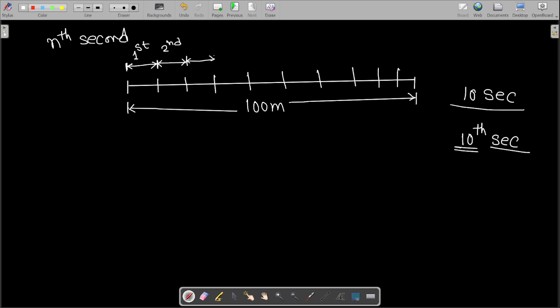This is called third second. Similarly, this is called fourth second. I mean the fourth part of the 10 second, how much distance is covered in the fourth part of the 10 second. Similarly, to cover this distance it took the fifth part of the 10 second, and similarly it goes down, and you will see that it is the 10th second.